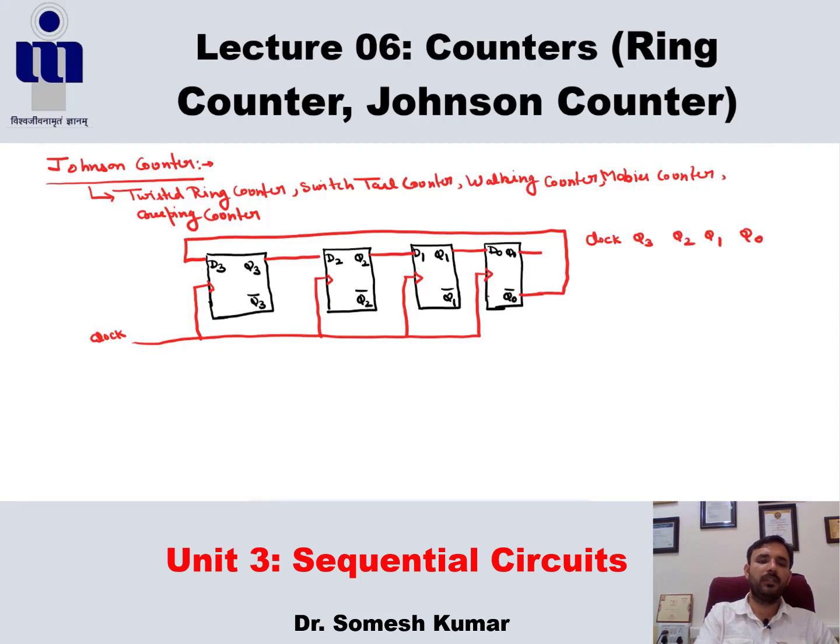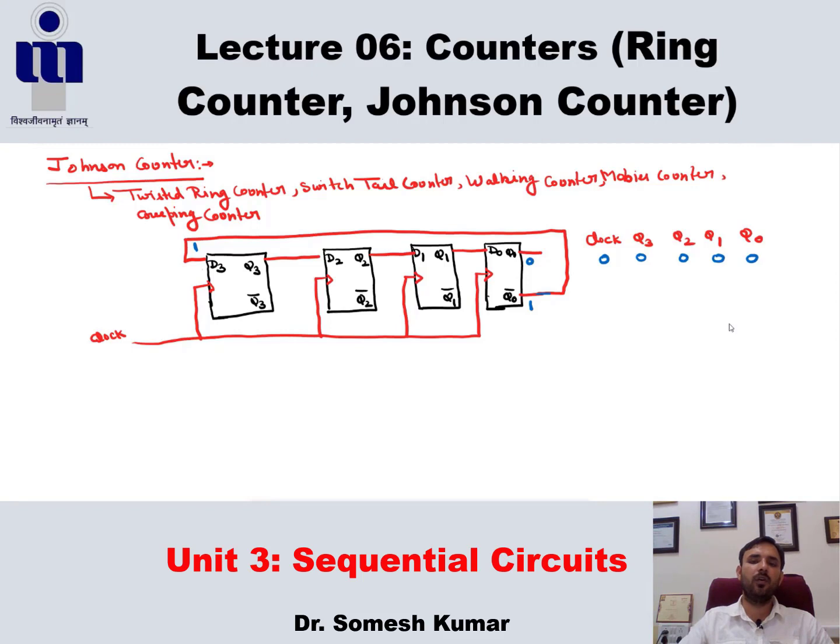So what happened in the first case? If no clock is applied, all flip-flops are in reset or clear position, so Q0, Q2, Q1, Q3 are all 0. If Q0 is 0, Q0 bar should be 1. So this 1 is given as feedback to this D3.